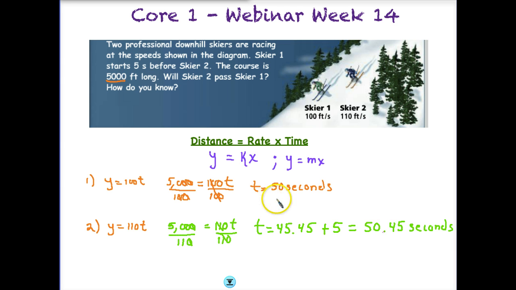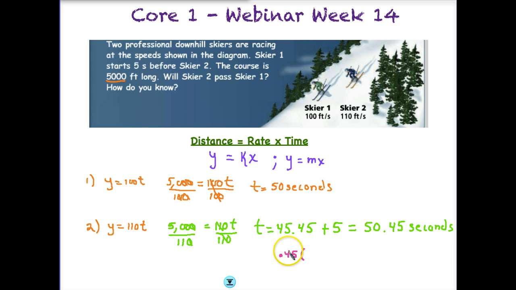Well, let's think about this. The rate of travel of skier 2 is 110 feet per second, and skier 1 was 100 feet per second. So we could take this extra 0.45, that's the time, and multiply it by how fast they're going per second to figure out our distance, because remember our distance formula: distance equals rate times time.